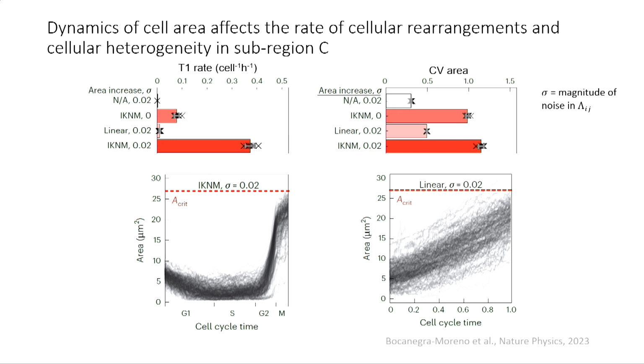If instead of the interkinetic nuclear movement, so this kind of shape for the preferred cell area, you take a linear one, then almost no fragmentation. The cell area variability is still high. But if you have a combination of both, it adds up, and it adds up non-linearly, and it's the combination of both that results in high fragmentation and slightly higher cell area variability.